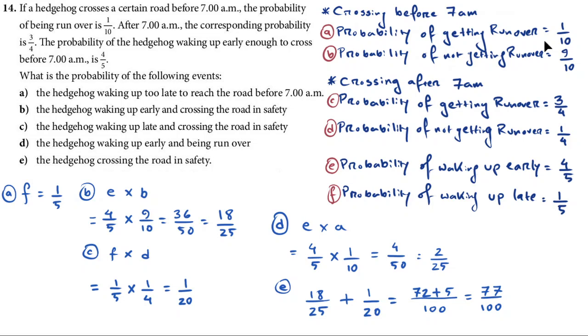So E times A, that is 4 by 5 times 1 by 10, which gives us 4 by 50, comes down to 2 by 25.